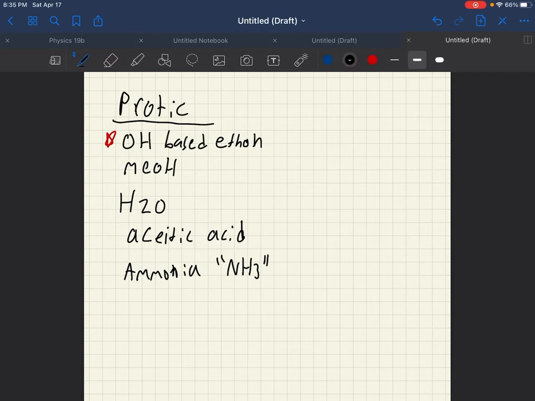Now when it comes to your aprotic solvents, it's basically these. If it's not any of the protic ones, it's most likely an aprotic solvent. But these are the ones you're probably going to come in contact with.